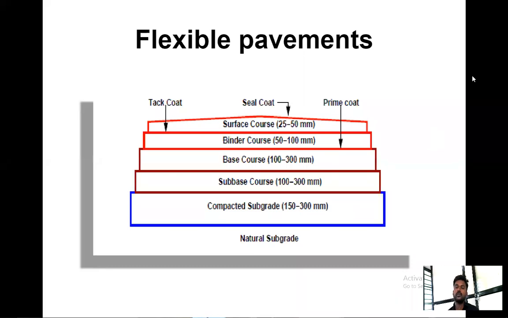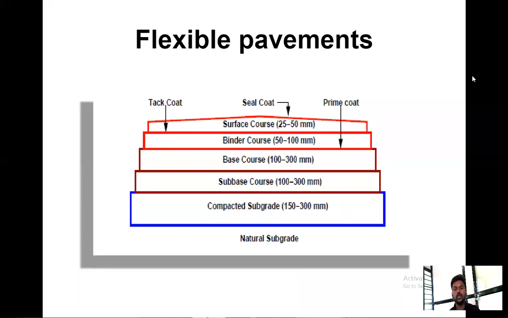So see here, these are the different layers that we provide in flexible pavements. These are the layers generally used in flexible pavements. At the bottom there is the natural soil, which is undisturbed.